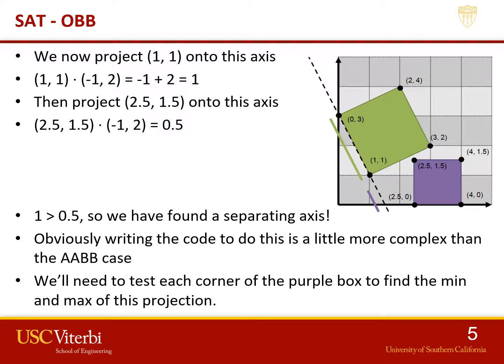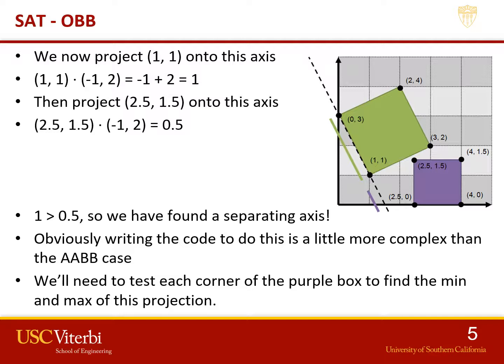What we do next is we project both shapes onto that axis and find what is their minimum on that axis and what is the maximum on that axis. How do you project a shape onto an axis? Well, you can project a point onto an axis with a dot product. That's right, it's always a dot product.